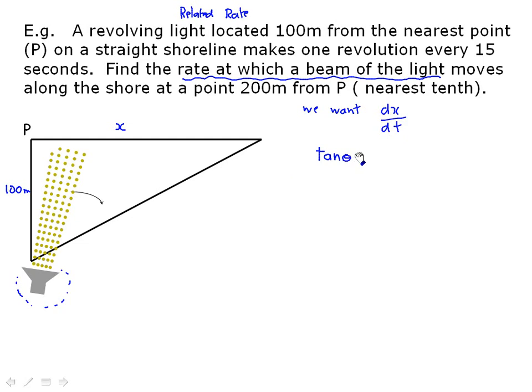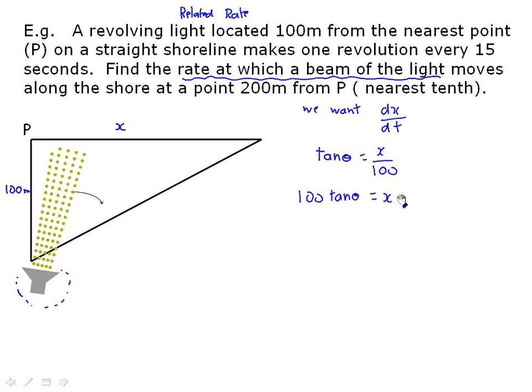And this is going to be tan, because tan theta would be equal to side opposite over adjacent, x over 100. And we can put the 100 in the equation because it is a constant value. It's not going anywhere. And then that turns into 100 tan theta is equal to x.